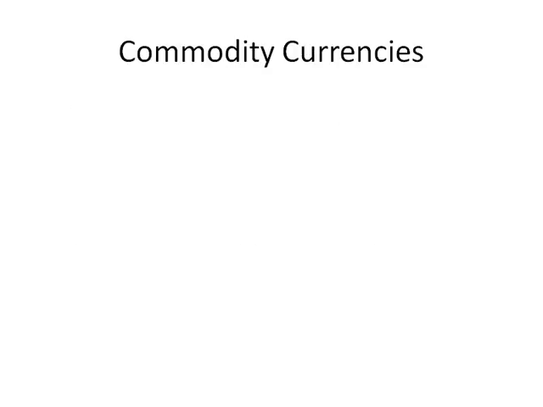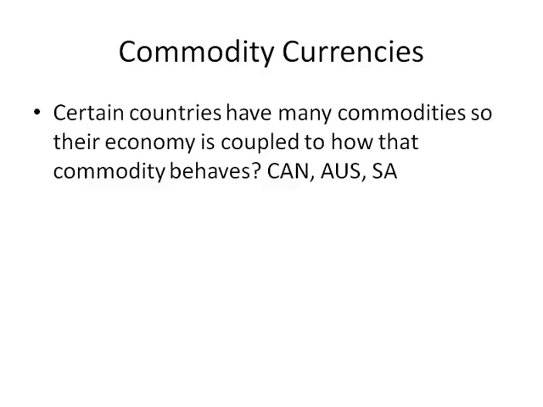And finally, we have the commodity currencies. So these are countries which have many commodities. So their economy is coupled to how that commodity behaves. So in particular, Canada exports a lot of oil to the US.